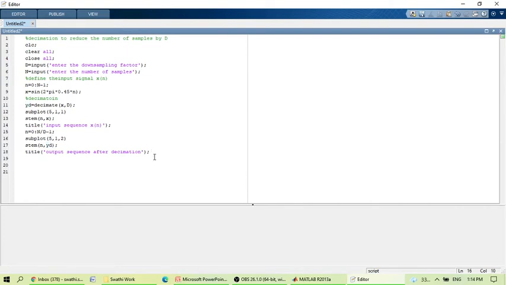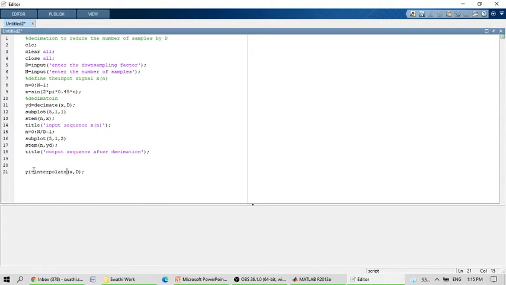Okay, then again I'll give this one, not this one. So yd equals to, next, what is this? I'm going for interpolation. Let us say I'm saying the variable yi. So what is yi equals to? For interpolation, interpolate.